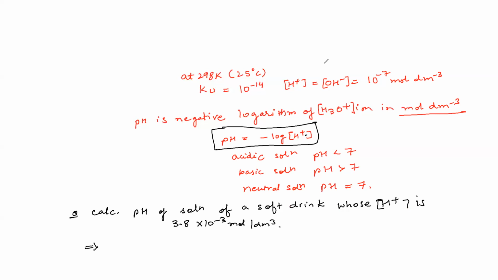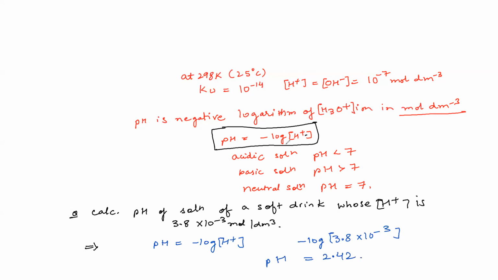So we have to calculate the pH. We know that pH equals negative log of H positive. Here the concentration of H positive is given as 3.8 into 10 to the power negative 3. So let us put it: negative log of 3.8 into 10 to the power negative 3. Calculate this value, and the answer is 2.42.